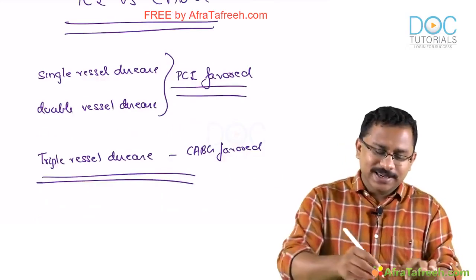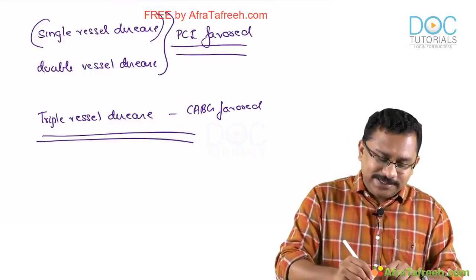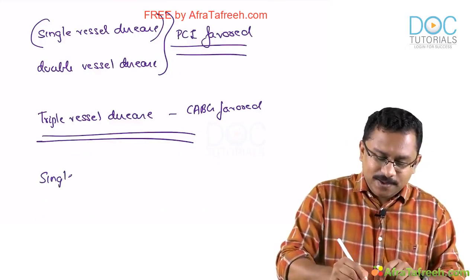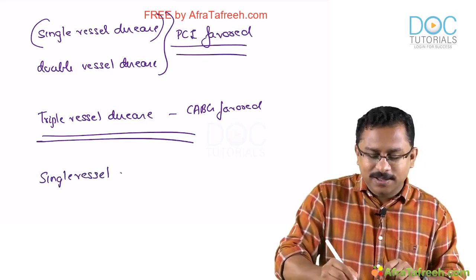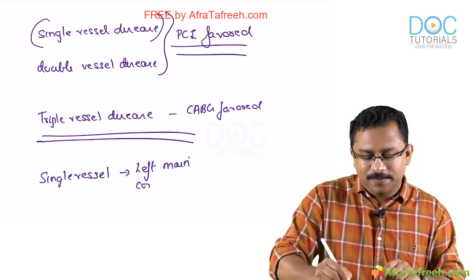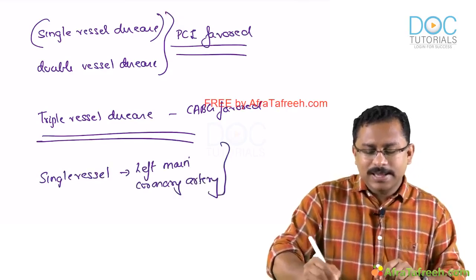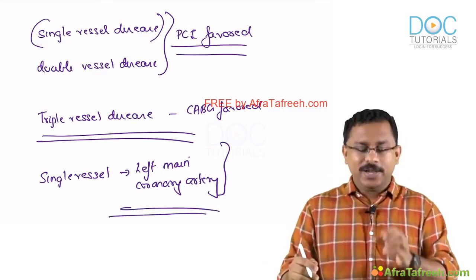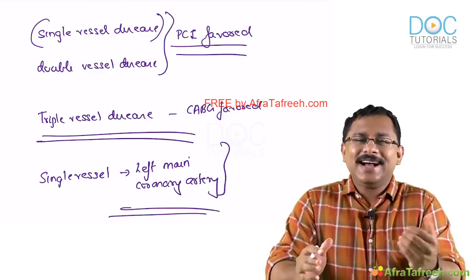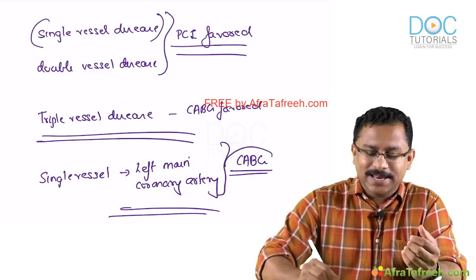Suppose it is a single vessel disease, but it is involving the left main coronary artery. In such a scenario, rather than a PCI, you would favor a coronary artery bypass grafting.